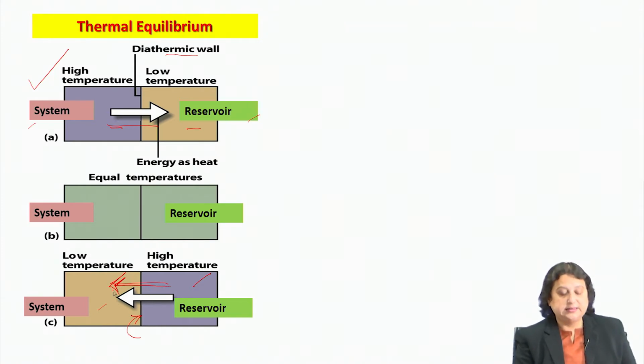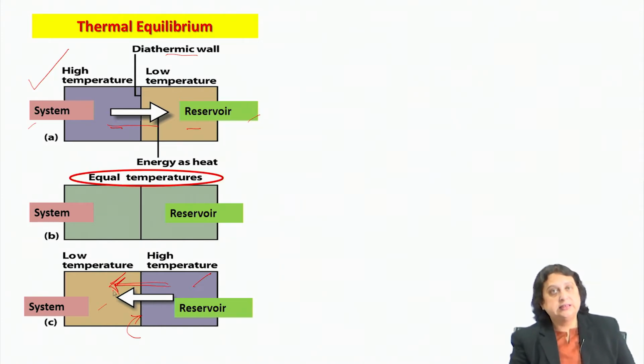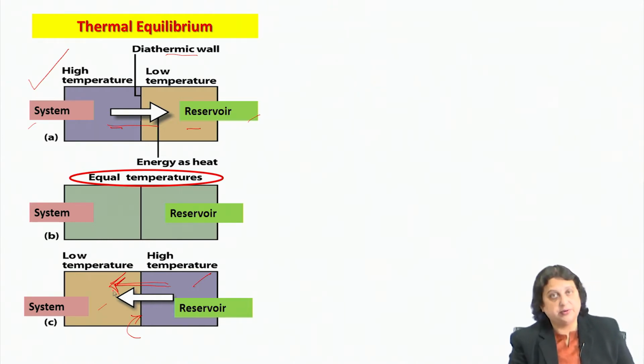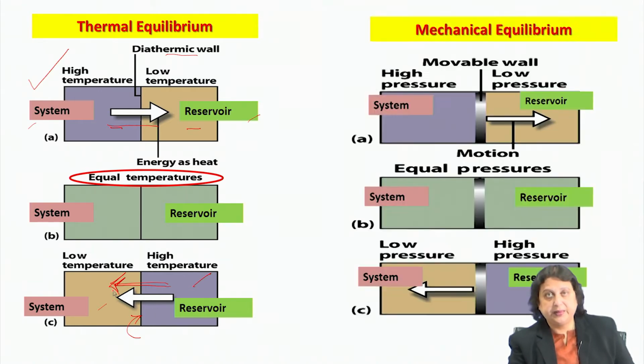The answer is when the system and the reservoir have acquired equal temperatures all throughout this setup, then I would say a thermal equilibrium has been established between the system and the reservoir. Therefore, equal temperatures, or equality of a relevant intensive variable, decides the condition of equilibrium.